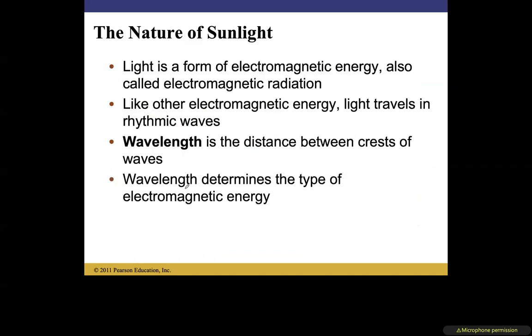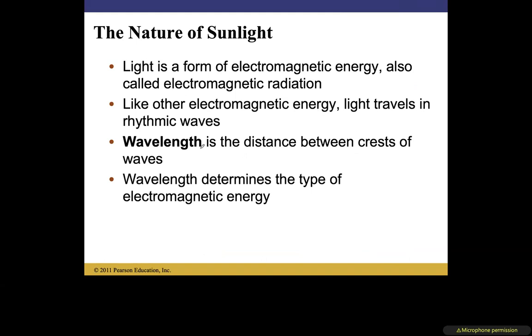And so what is light anyway is the next question. Light is a form of electromagnetic energy. It's also called electromagnetic radiation. And like other electromagnetic energy, light travels in rhythmic waves.